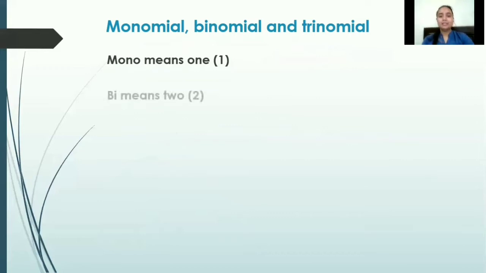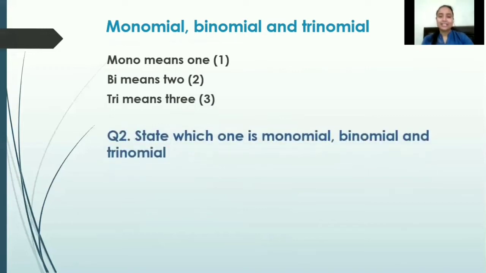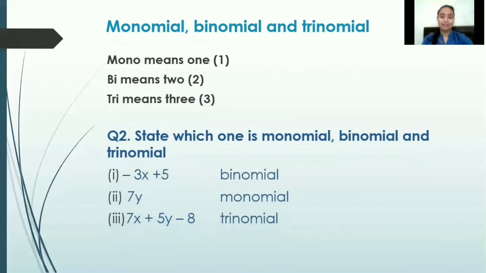And bi means 2, so the expression which has two terms, we call it a binomial. And trinomial, so tri means 3. If any expression has 3 terms, then we call it a trinomial. Simple, isn't it? State which one is monomial, binomial and trinomial. So it's easy.